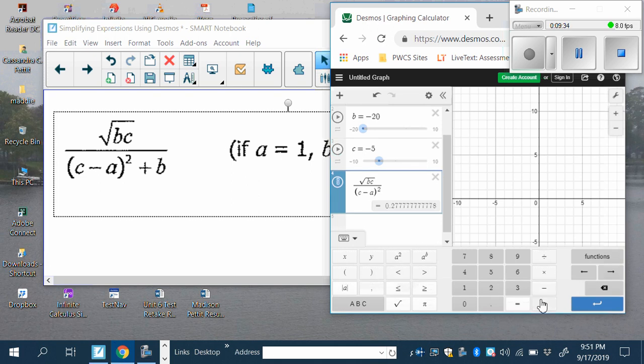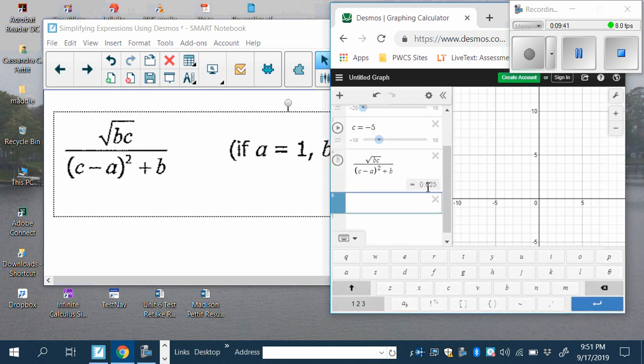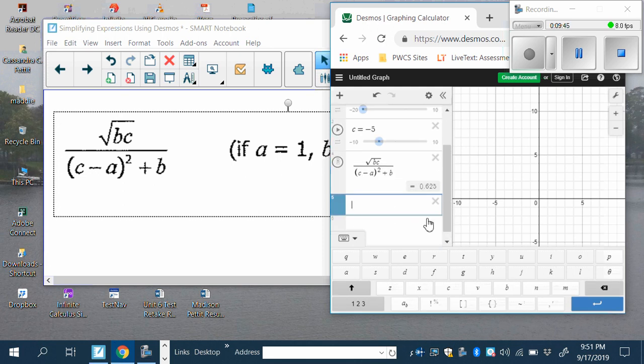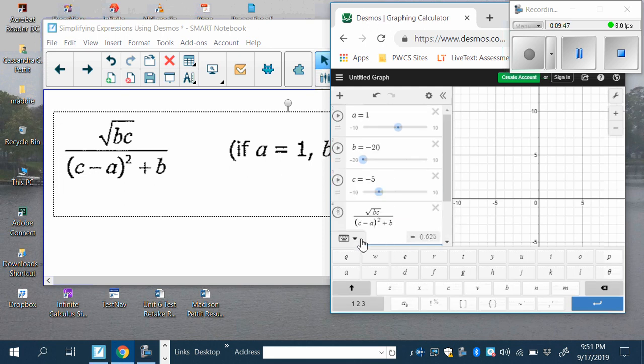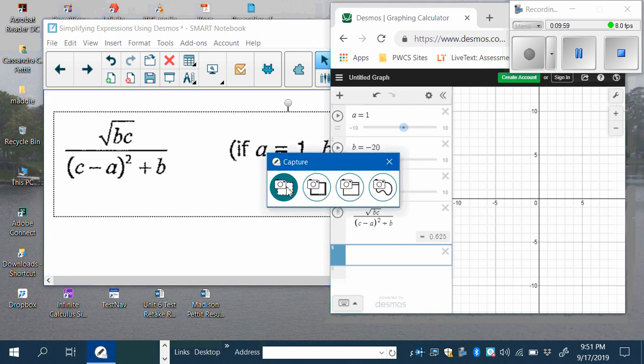And then I'm going to do plus, and I put this little guy here, and as you can see, that's 0.625. Now, that will probably show as a decimal or a fraction. So one thing you might want to do is put this decimal into your calculator and do math enter enter, and that will give you a fraction. Okay.